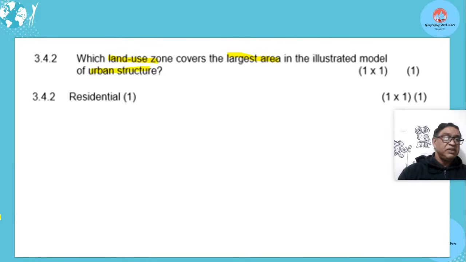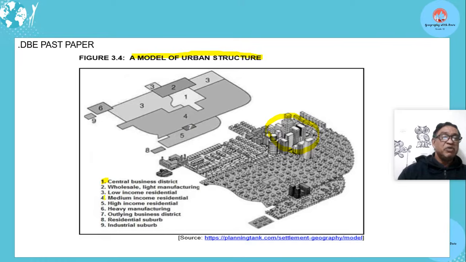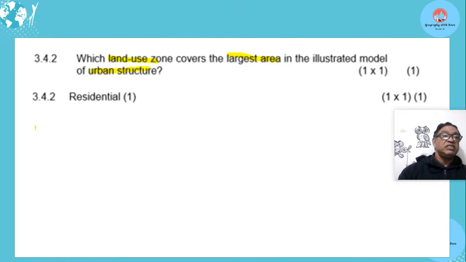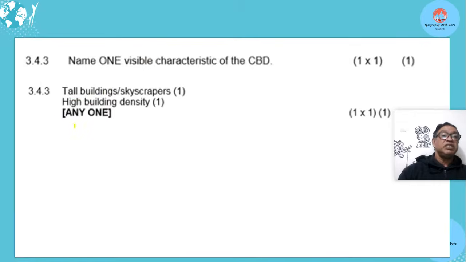In most cases, you'll find it's a residential area. Look at this, because you have low, medium, high, and if you look at 3, 4, and 5, and there's another 3 here, you'll notice how much area it covers. So it's the residential area. You could have worked that out, learners. Residential. Let's go to the next question.